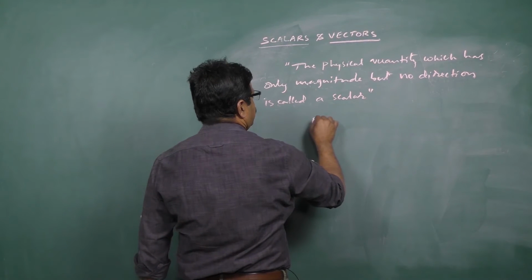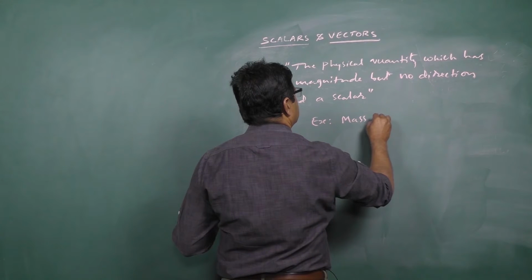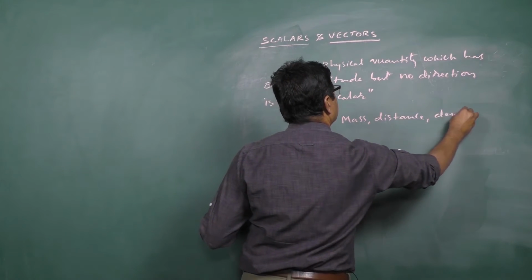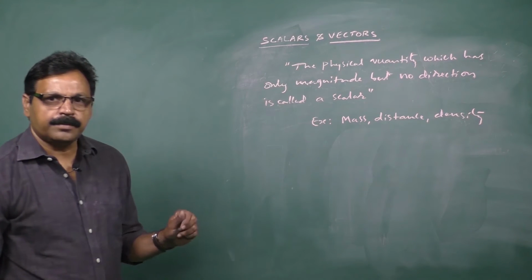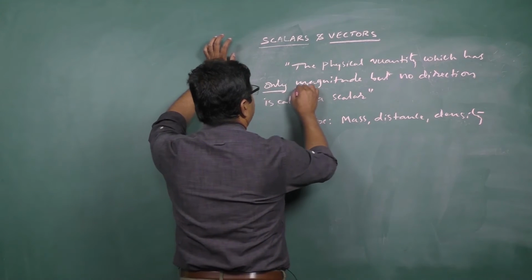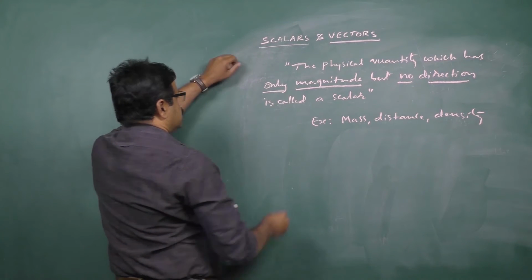So as an example, you can take mass, distance, density, etc. So these quantities do not have any direction. It has only magnitude but no direction. So these are the examples.